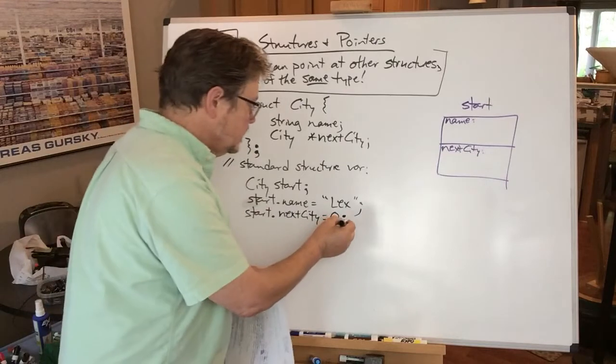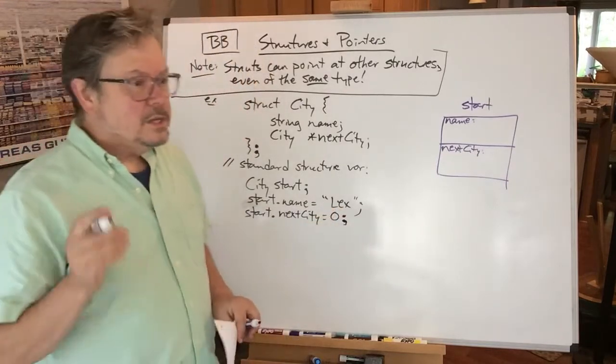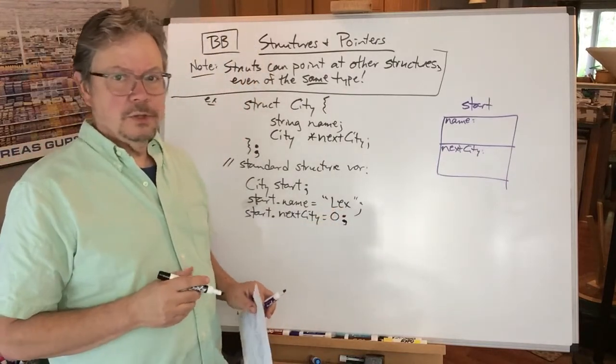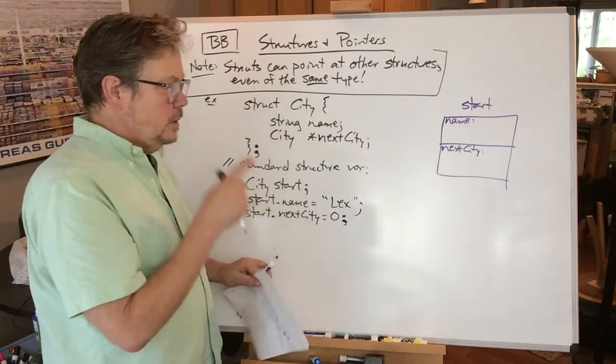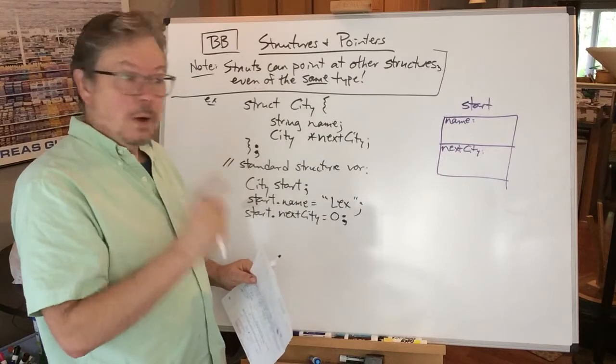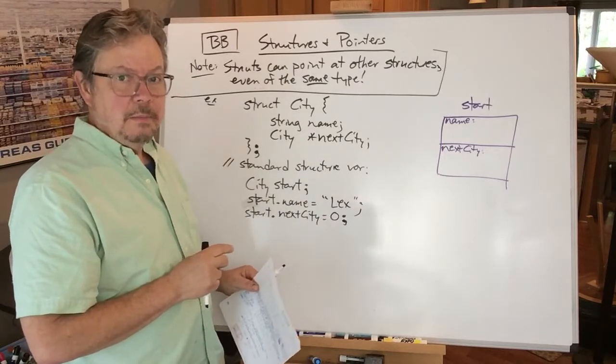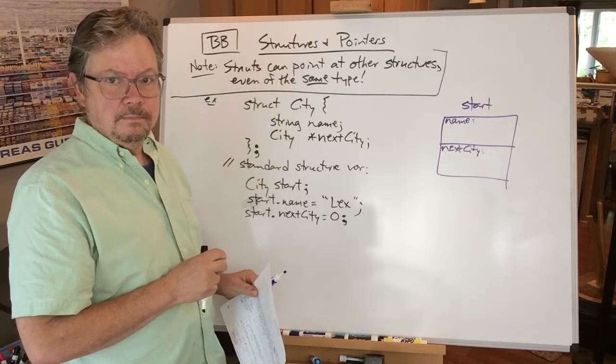Well, it turns out 0 is not a valid memory address I can use in my program at all. I use 0 as sort of a dummy value to put in there to say, you know what? At the moment, the next city variable does not have a meaningful value that I'm allowed to use. It's a convention.